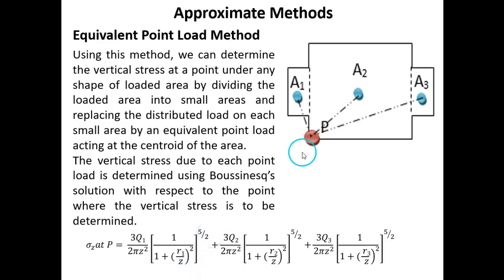So now with respect to each point load, we can find the increase in vertical stress about this point, and then by taking the sum of these vertical stresses, we can estimate the total increase in the vertical stress at this point.